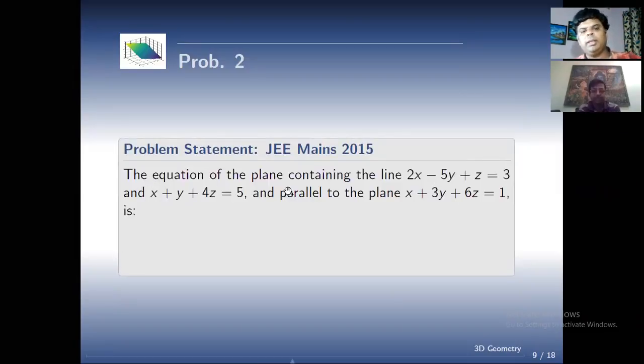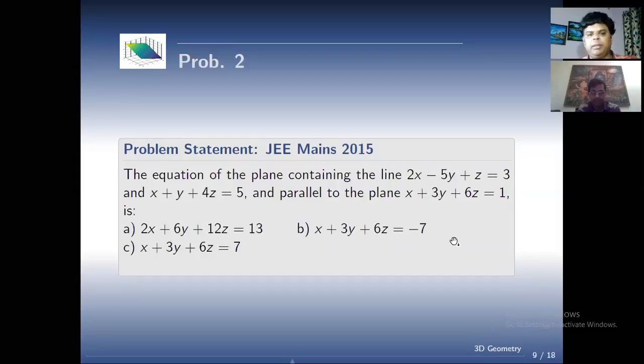So you're told that the equation of the plane containing the line 2x minus 5y plus z equals 3 and x plus y plus 4z equals 5 and parallel to the plane x plus 3y plus 6z equals 1 is 2x plus 6y plus 12z equals 13, x plus 3y plus 6z equals minus 7, x plus 3y plus 6z equals 7, or 2x plus 6y plus 12z equals minus 13.